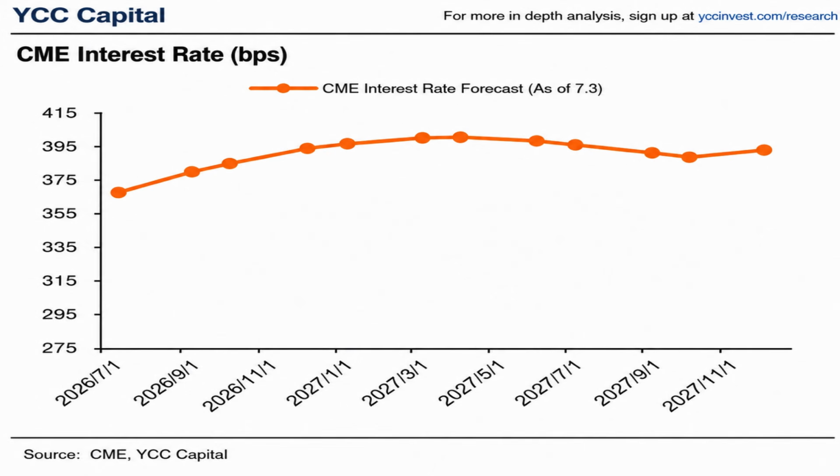This chart summarizes the interest rate path currently implied by CME futures markets. Market participants expect policy rates to remain relatively stable over the coming quarters, with only modest adjustments priced into the curve. Perhaps the most striking feature is how flat the expected trajectory has become.